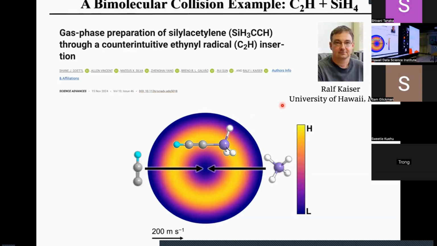This is with our collaborator, Professor Ralf Kaiser. He's interested in this astrochemistry reaction. This is believed to be one of the many reactions that happen in deep space, in star forming regions. He says this is a way of looking at the origin of life.